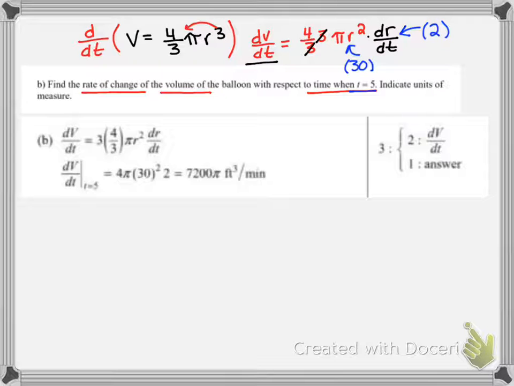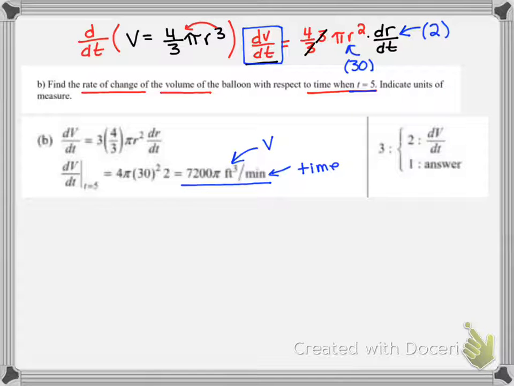So when you do all of this math, you get 7,200 pi feet cubed per minute. Why is it feet cubed per minute? Because feet cubed is a volume unit and minute is our time, all coming from dV/dt.